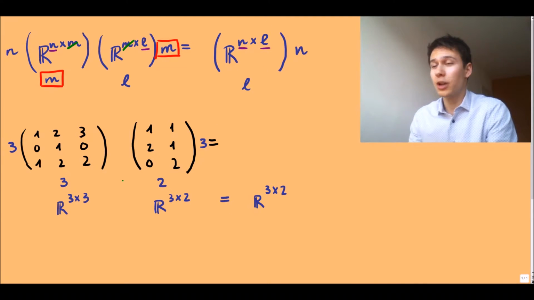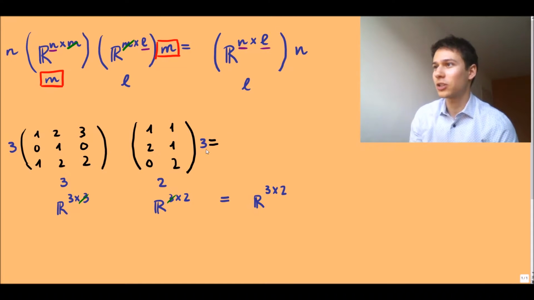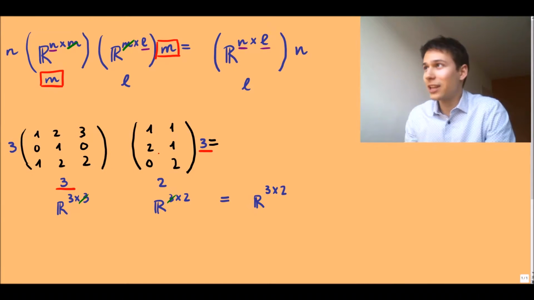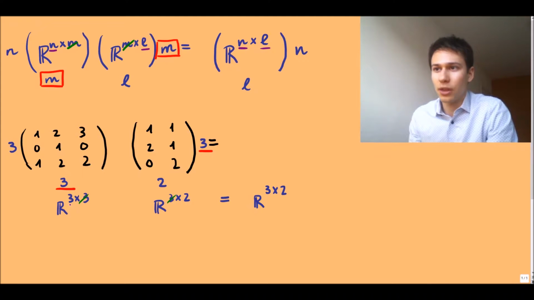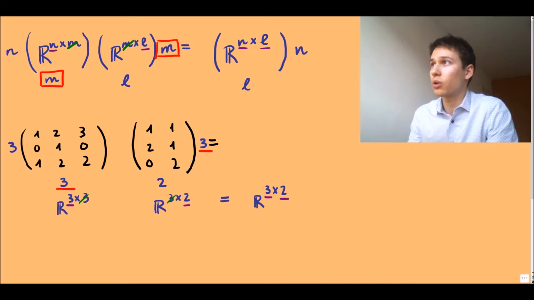Why? What you do again is you cross away these 3's in the middle, so the numbers which have to be the same in order to do matrix multiplication. So I really chose this number and this number to be the same in order that this is a valid matrix multiplication. And we are simply left again with this 3 for the number of rows of the resulting matrix, and the number 2, which stands for the number of columns of the resulting matrix.